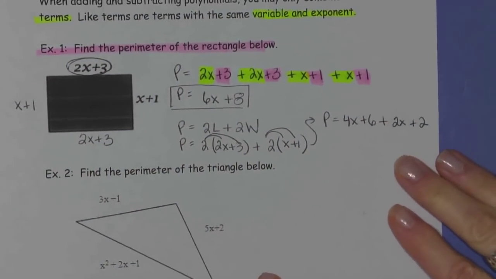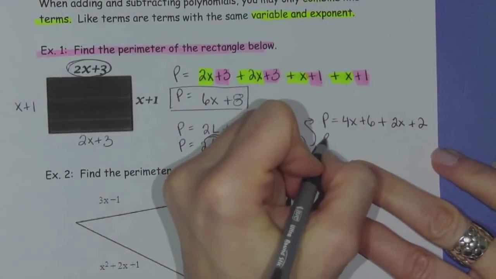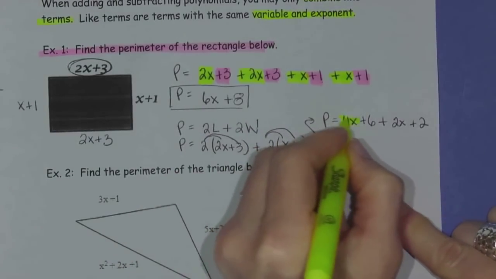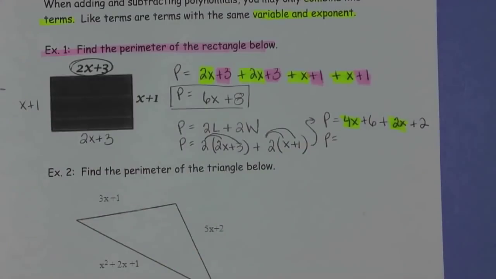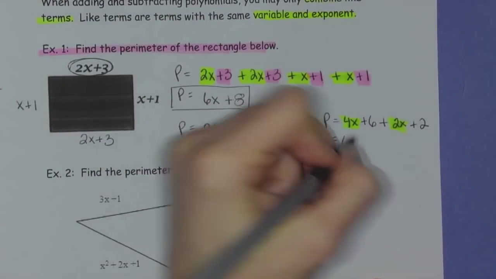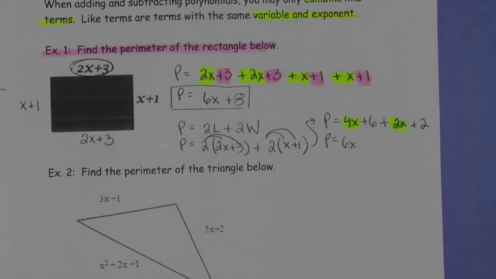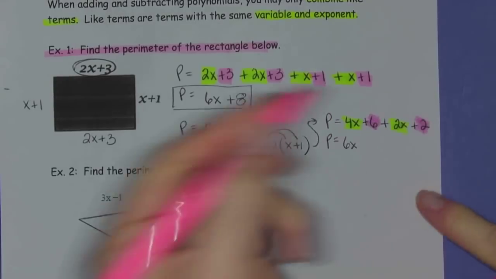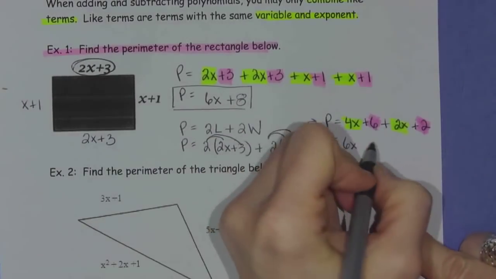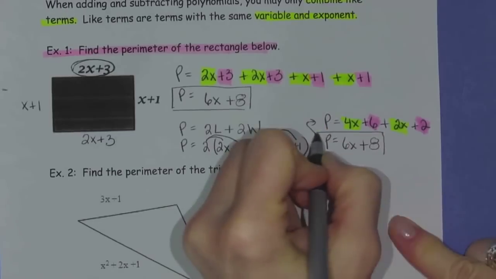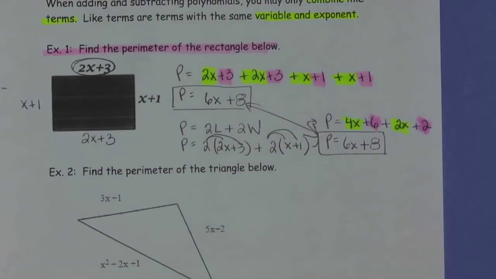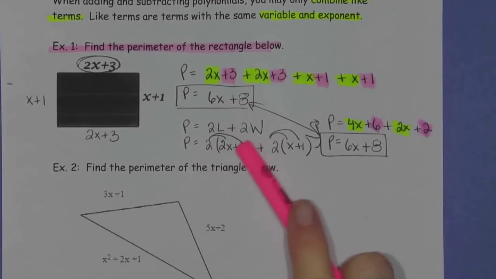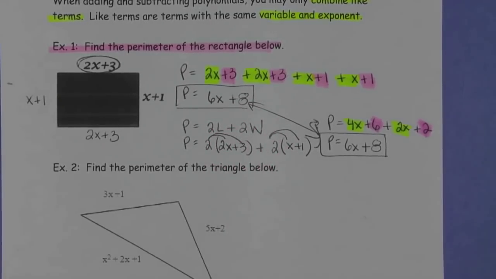Taking this polynomial expression with 4 terms, I would now combine the 4x with the 2x, which would give me 6x, and then combine the 6 and the 2, which would give me 8. So either way, I'm going to get the same answer for perimeter, whether I just add all 4 sides or use the more advanced formula, twice the length plus twice the width.